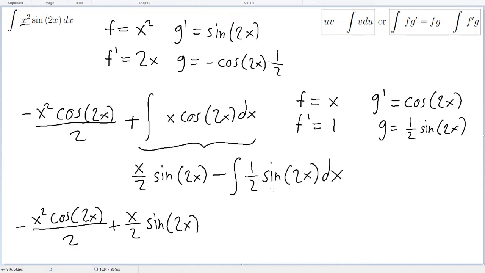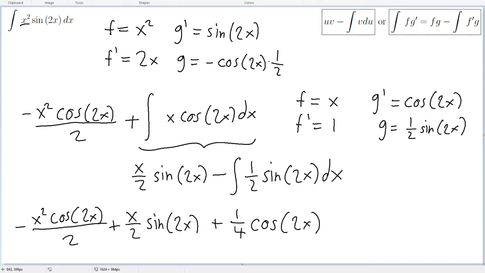And then the integral of this, don't forget the negative, so it'll be negative half sine 2x, and the integral of negative sine is cosine. So you should get 1/4 cosine of 2x.